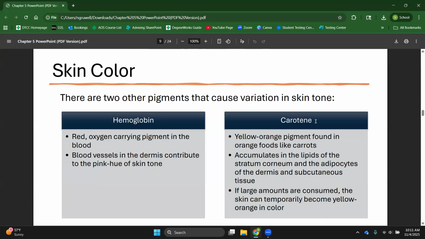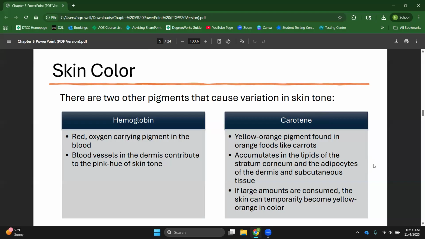Carotene is an easy one to remember because it's found in foods like carrots. It's a yellow-orange pigment, and just like a carrot, it's going to accumulate in the lipids of the stratum corneum. If you remember, lipids is a fancy way to say fat. Adipocytes are cells that store fat, and these cells soak up some of that carotene and give a bit of a yellow-orange hue to our skin.